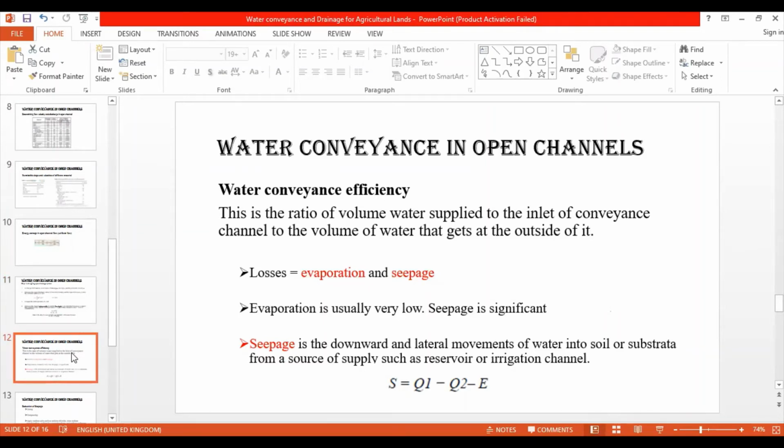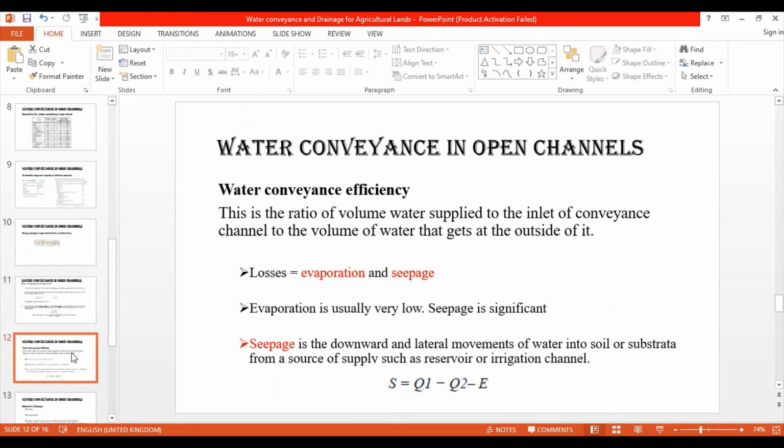Most times, the loss is associated with evaporation and seepage, but evaporation is usually very low. So one thing we need to consider a lot is seepage, the downward movement of water from your channel into the soil. We need to avoid losses due to seepage.